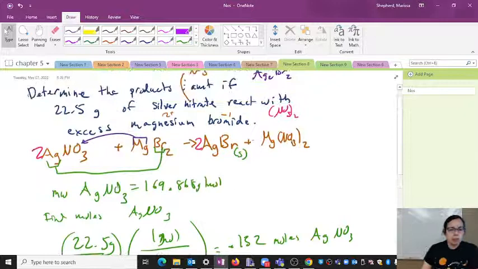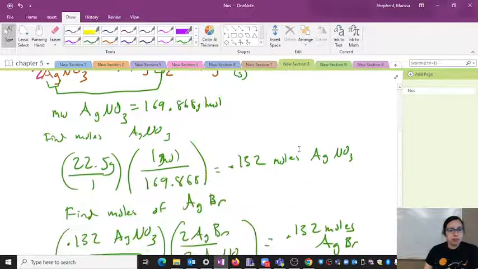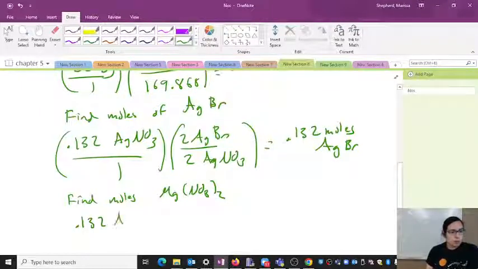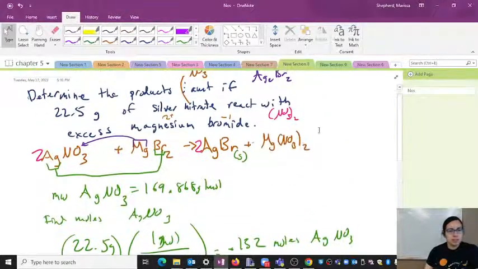And then we could do it for our magnesium nitrate just for fun. So find moles of our magnesium nitrate. So 0.132. Now looking at our mole-mole ratio, they're at a 1-to-2 ratio.